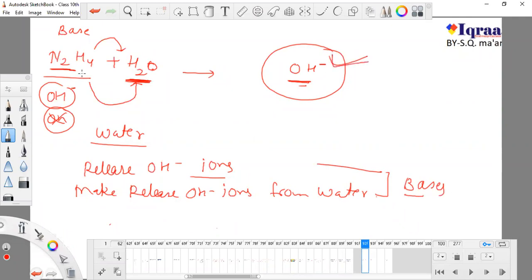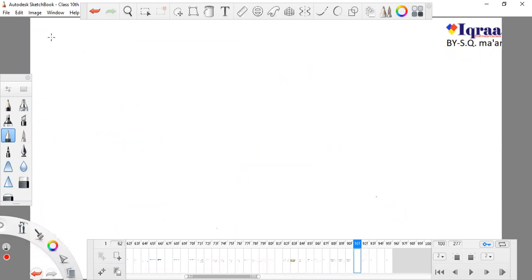Either they do it by themselves, or they pressurize water to release its OH ions. By hook or crook, they are able to release OH ions. In aqueous solution, remember that nothing works, neither acids nor bases, without water. Both of them need water to release their H plus and OH minus ions.